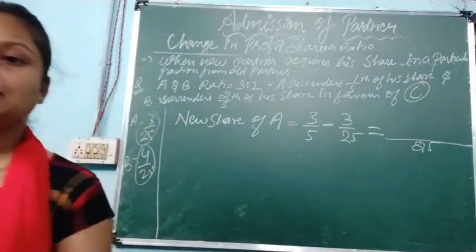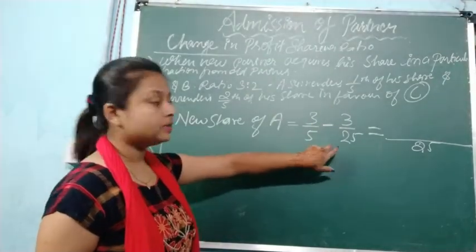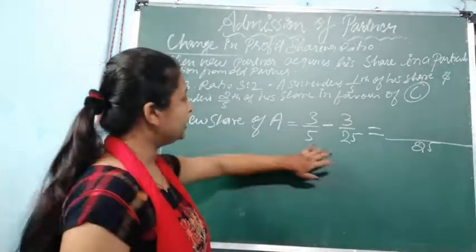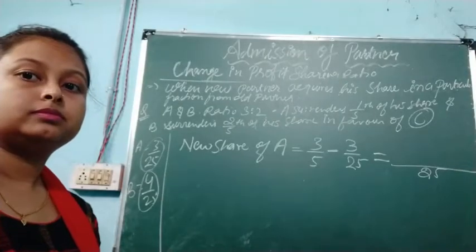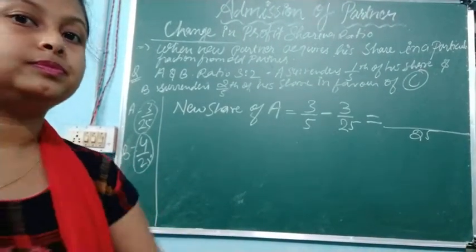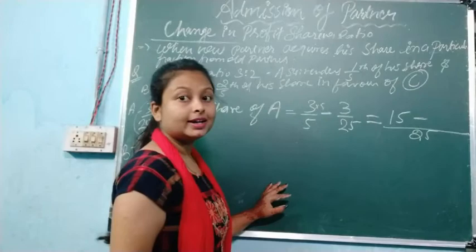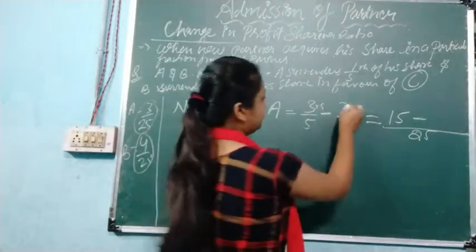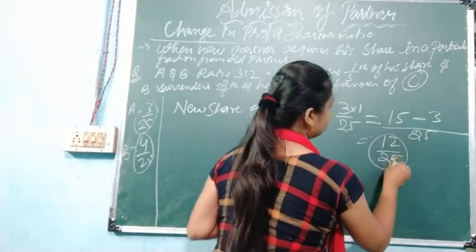In the table of 5, how many times does 25 come? 5 times. 5 times 5 is 25, and 3 multiplied by 5 is 15. Minus 3, which is 3 times 1. How much? 12/25, the new share of A.